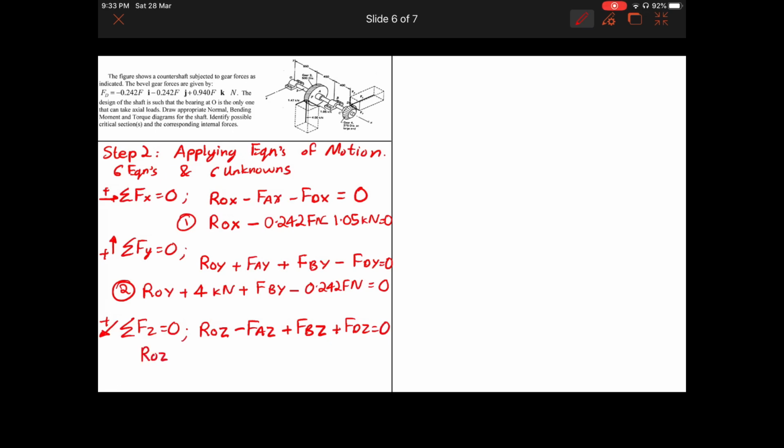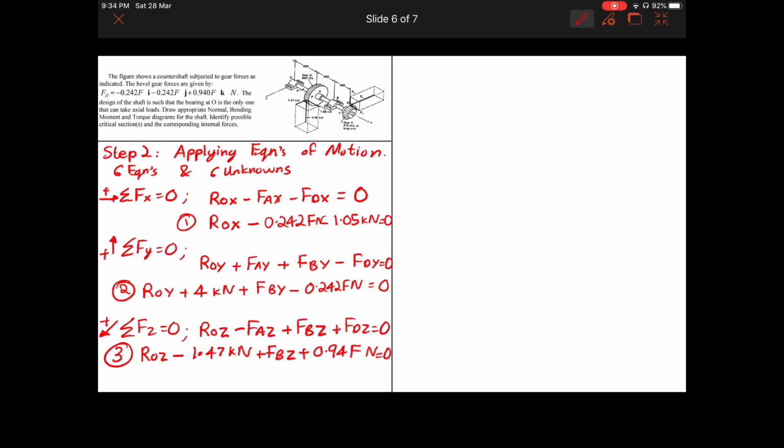So ROZ minus FAZ is equivalent to 1.47 kilonewtons, minus plus FBZ, which is unknown, plus FDZ, which is 0.94 F newtons, is equal to 0. So this is our third equation.